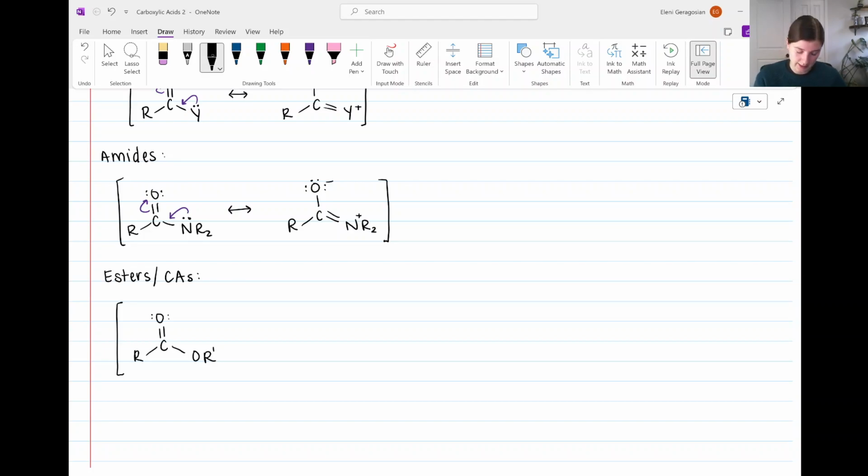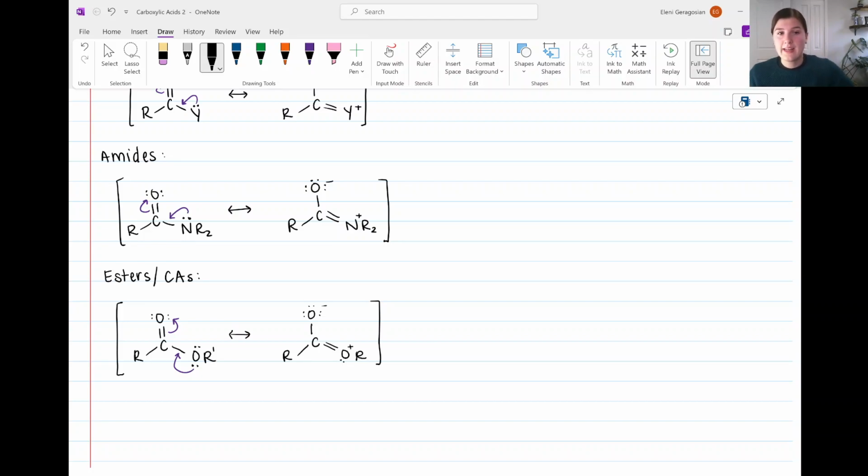If it's a carbon chain, it's an ester. But either way, this oxygen has 2 pairs of electrons. And so this oxygen can donate electrons towards the carbonyl carbon, and that pi bond breaks, just like the previous structures. And this results in a positive charge on one oxygen, negative charge on the other.